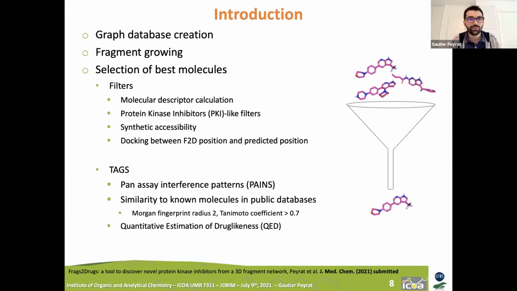We can find other molecules that are already active on other targets, or we can check that the molecules we have found are new because there are no similar molecules in public databases. And finally, we can order the molecules using a quantitative estimation of drug-likeness, which is a score that indicates whether the molecule is more or less drug-like.